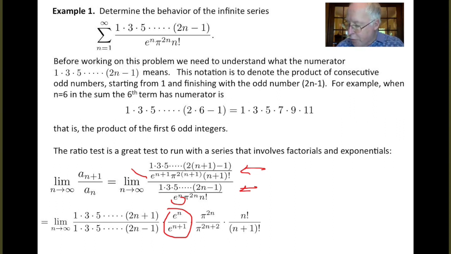Likewise, pi to the 2n pairs with pi to the 2n plus 2. And n factorial inverts to come above the n plus 1 factorial here. And then finally, in the numerator, we have 1, 3, 5, this product of odd numbers till we get to 2n plus 1.